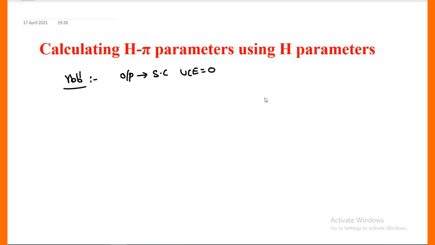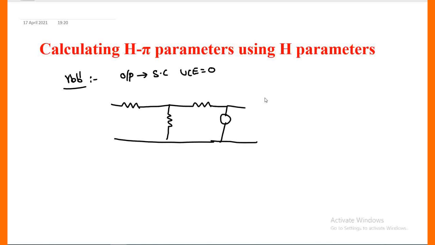Then the modified circuit is going to appear with the corresponding components like this. The output gets short circuited, that is, VCE is 0 over here.